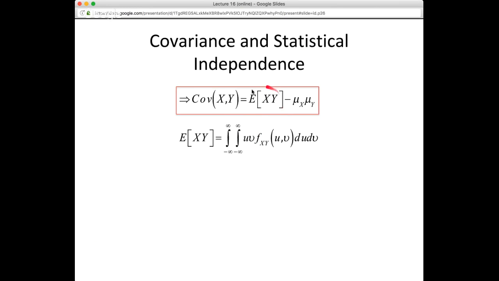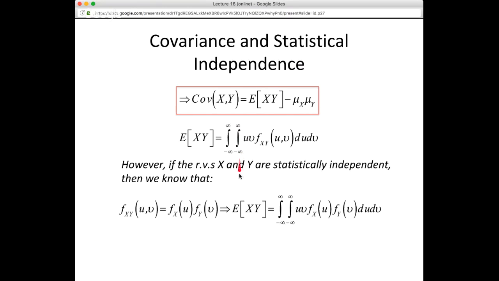So let's focus in on this quantity here, the expected value of xy. By definition, that's just the second moment of, in this case, dummy variables u and nu, weighted by the joint probability distribution for x and y, integrated from minus infinity to infinity for both variables.